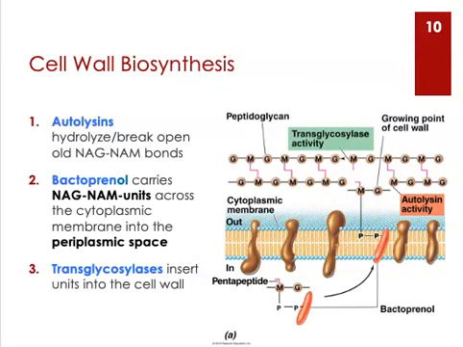So in the picture, what's happening is some new NAG and NAM, you can see the M and the G here, some new NAG and NAM has been built. The old peptidoglycan has been cut. We need to get the new NAG and NAM into this break here.